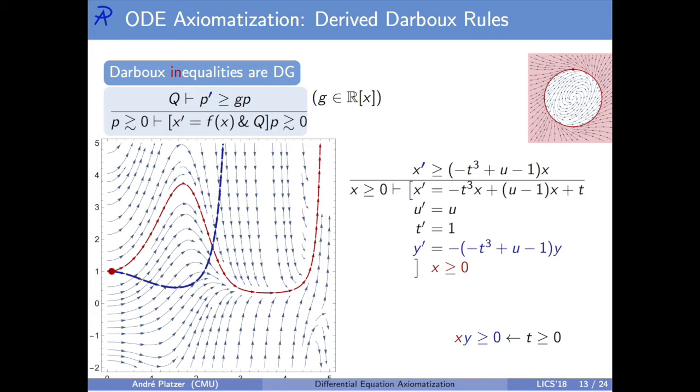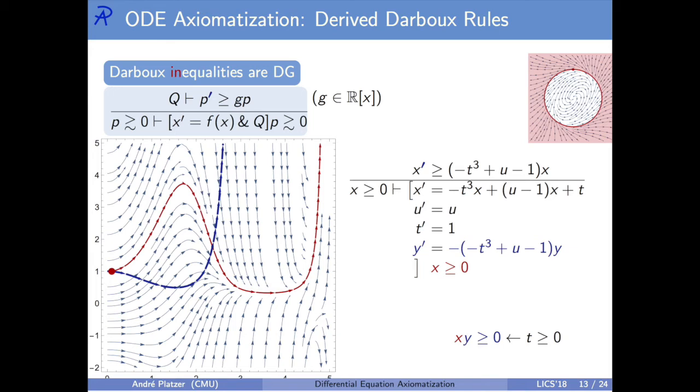But this derived proof principle, Darboux inequalities that essentially follow from differential ghosts, can prove this regardless, because the intuition is that they would introduce this counterweight, right? y prime equals minus the cofactor y, such that x greater or equal to 0 now reduces to xy greater or equal to 0, because you know that y is greater or equal to 0.